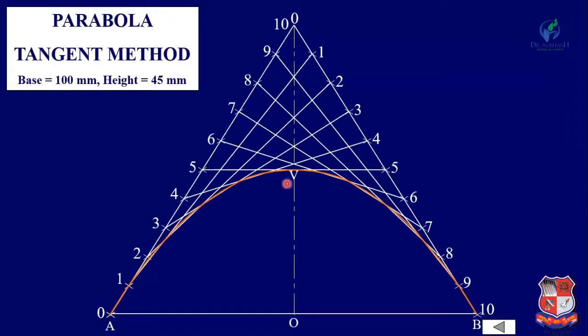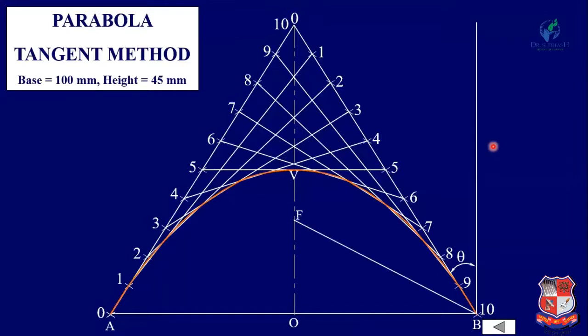a parabola. So this method is known as the tangent method, and this parabola will pass through the vertex, and this height is 45 mm. Okay, so this method is known as the tangent method. Okay, now the angle is theta.